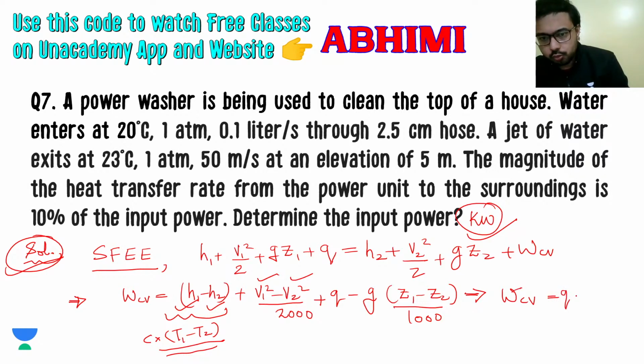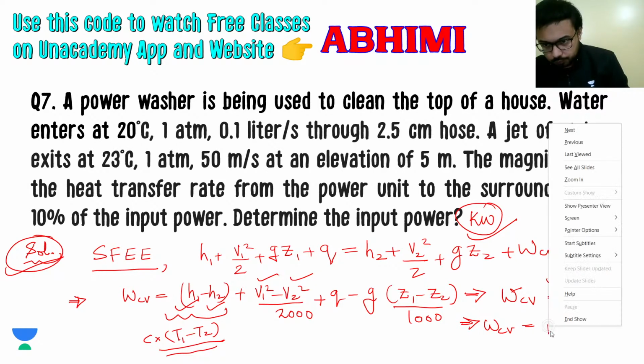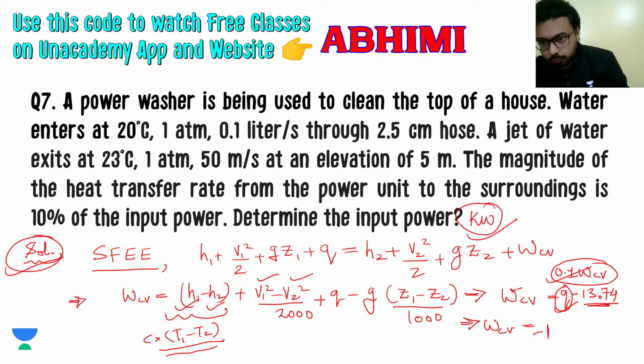This will be W_CV minus Q, and this Q will be 0.1 of this control volume work done or work input, so this whole thing will be equal to minus 13.74 divided by 0.9, so it will come out as minus 15.27, in kilojoule per kg.